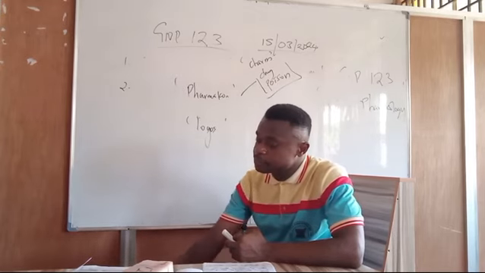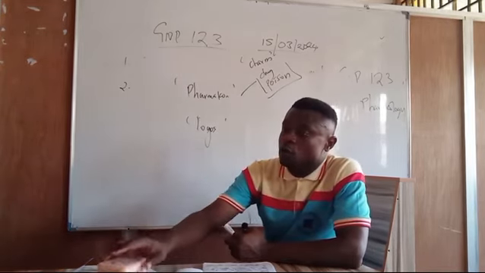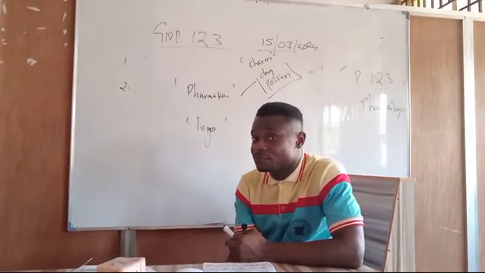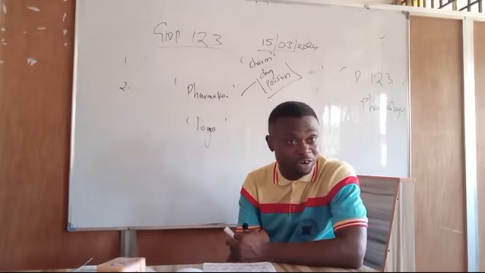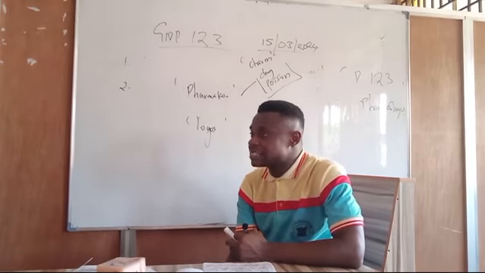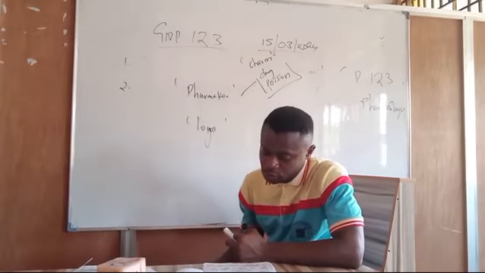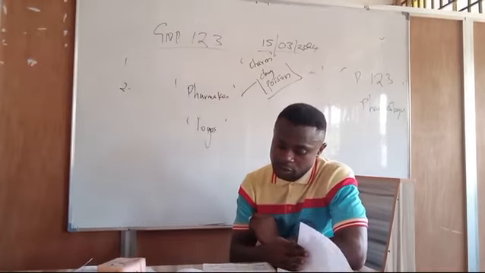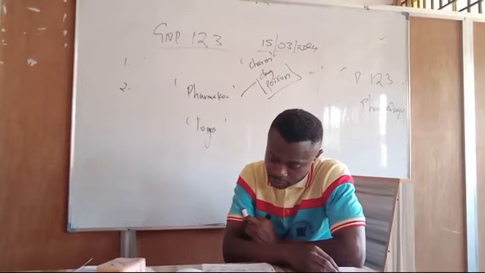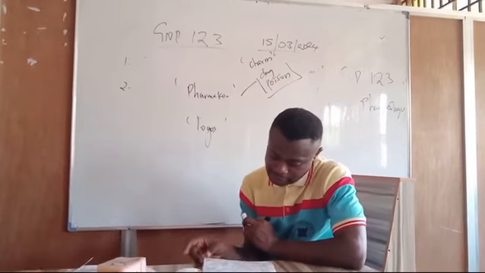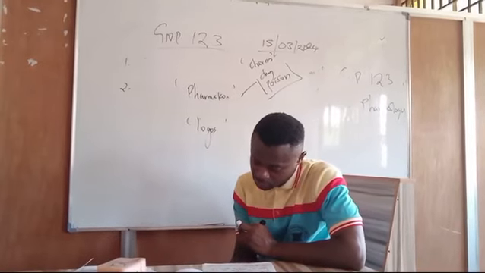Okay, so now if you look at the definition of pharmacology, we kept talking about drug, right? So the next thing I want us to look at is the drug. What is a drug?